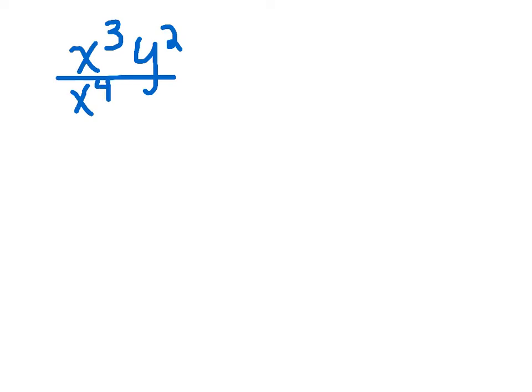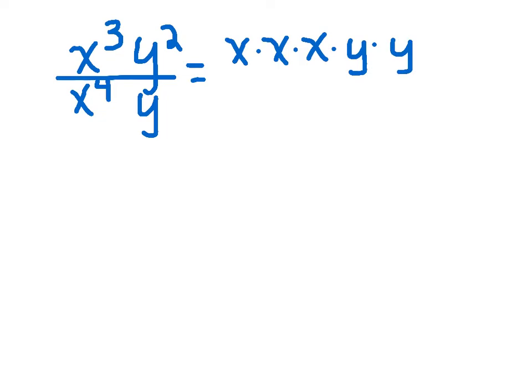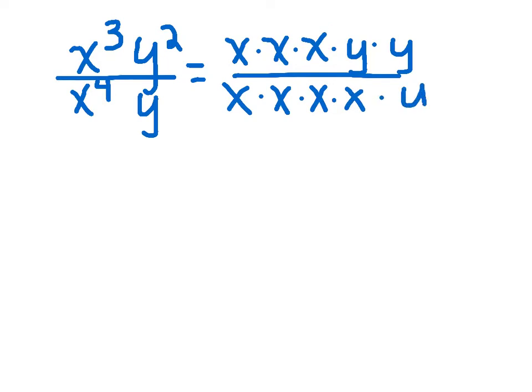If I say x to the third, y to the second over x to the fourth, y, I can open this accordion up and say that this is x times x times x times y times y, and this is x times x times x times x times y.